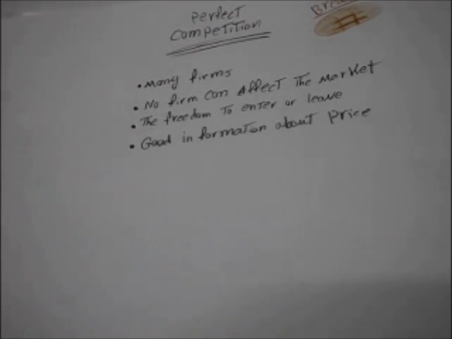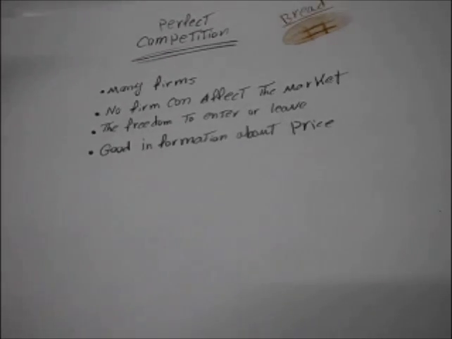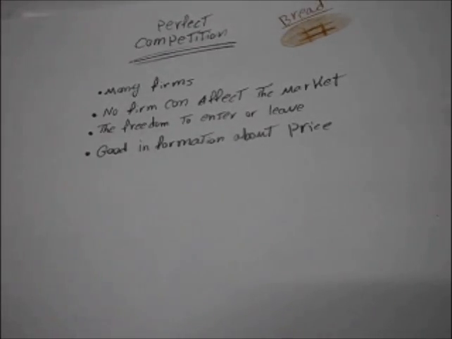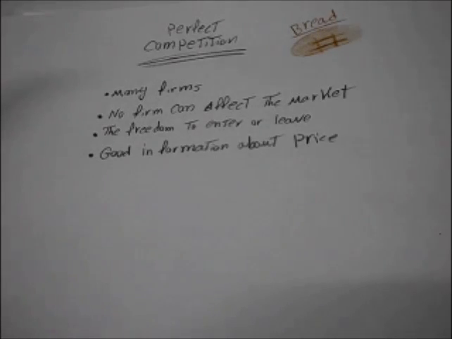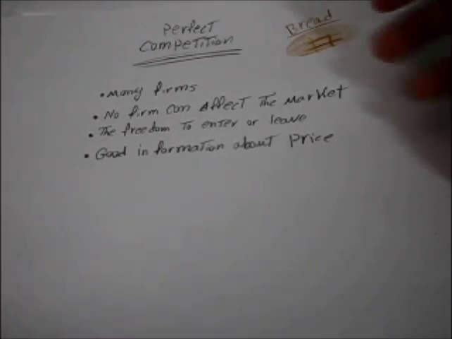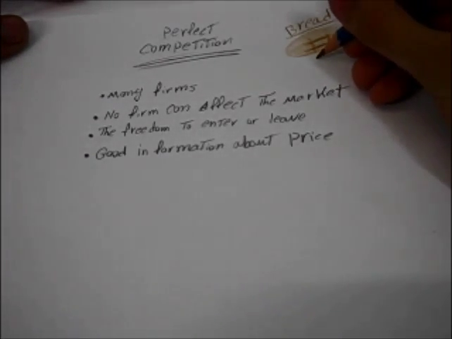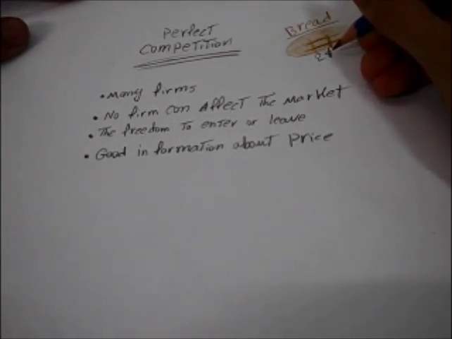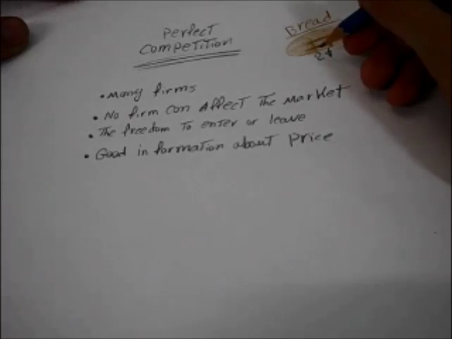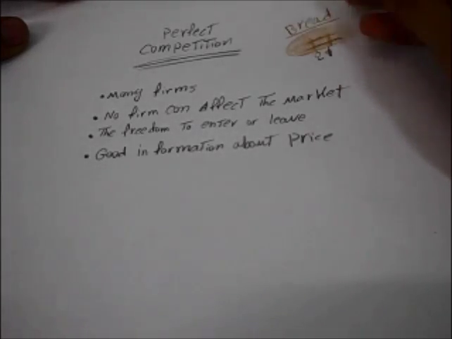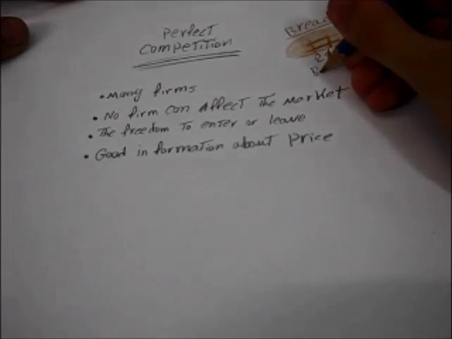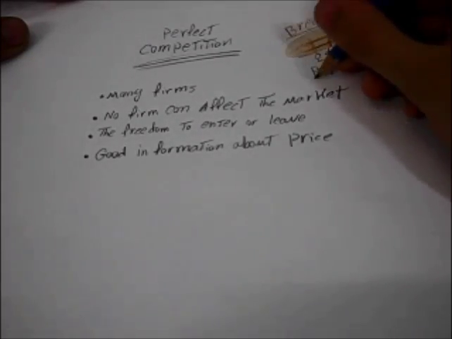What does that mean? Well, in order to understand those 4 criteria, let's take a good example, which is bread. Bread represents really perfect competition. For instance, let's imagine that the price of the bread is $2 per unit, and the weight of that bread is, let's say, 50 grams per unit.